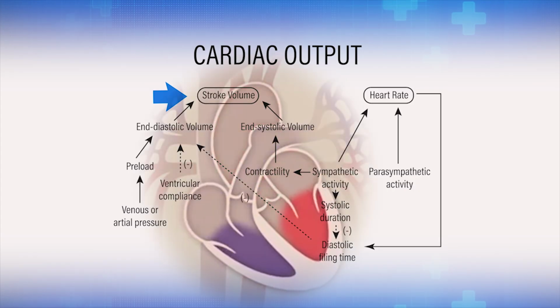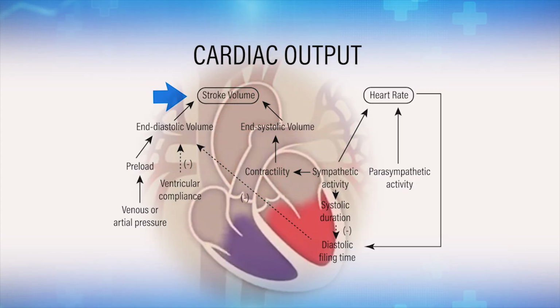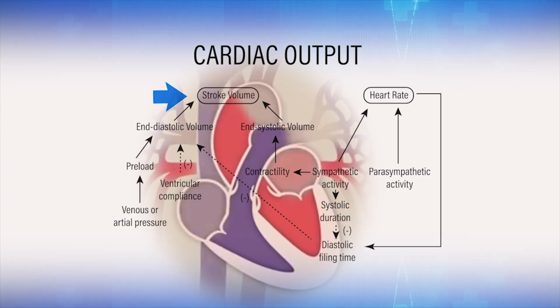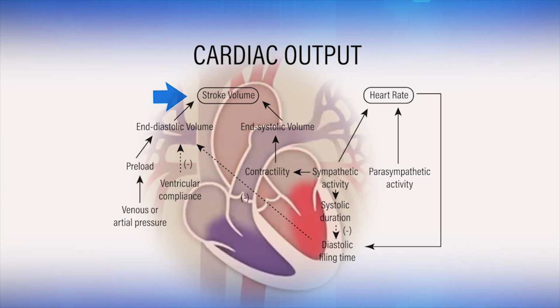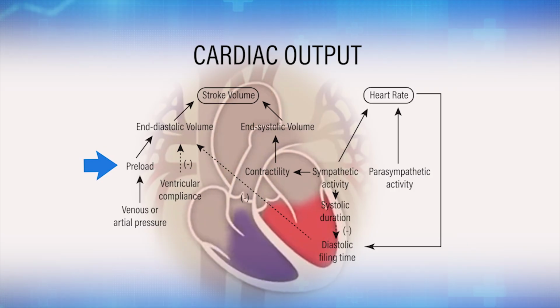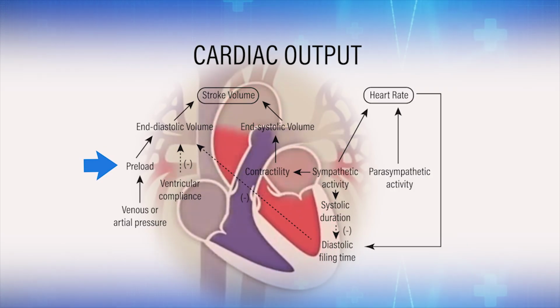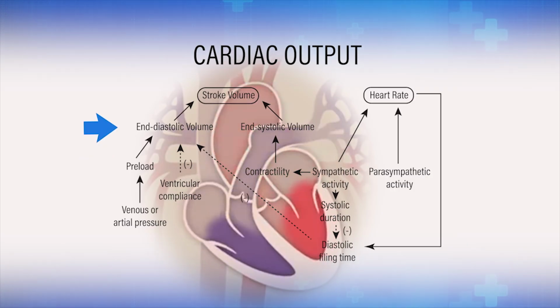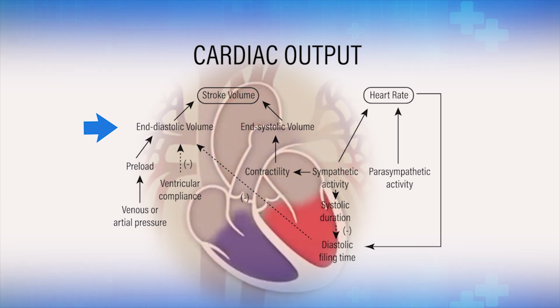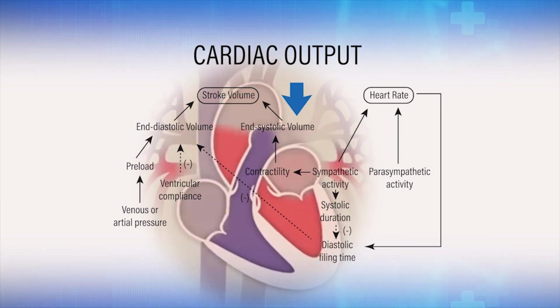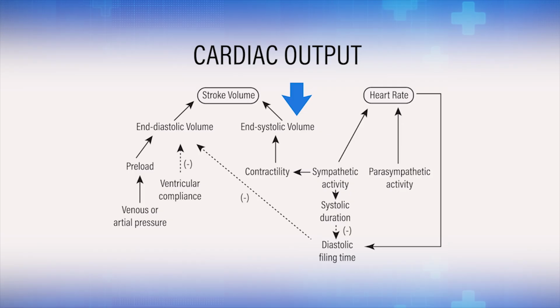So stroke volume increases by increasing the volume of blood coming back to the heart, which is our preload, and that increases our end diastolic volume. And then if I decrease my end systolic volume by making the heart contract more forcefully, there's less blood left in the heart after it contracts.